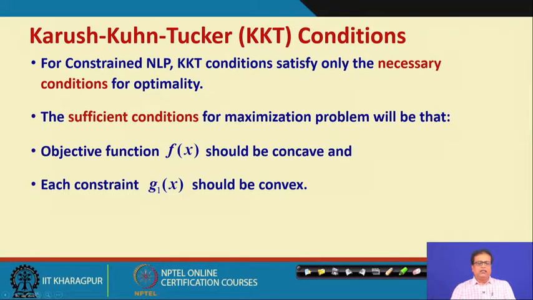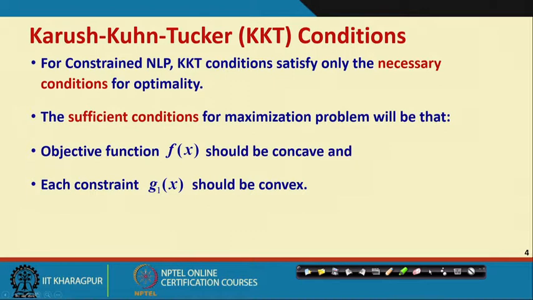The sufficiency condition is that for the maximization problem, f(x) should be concave and each constraint should be convex. Just recall our discussions that for maximization the objective function should be concave and the constraints should be convex. Sometimes we have linear constraints, and linear constraints are both convex and concave at the same time.